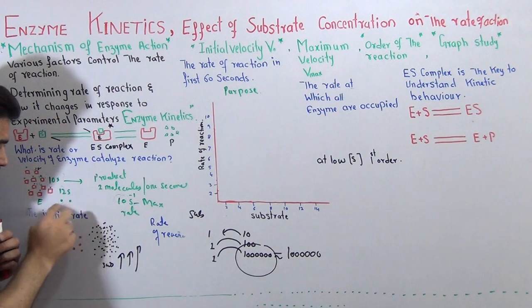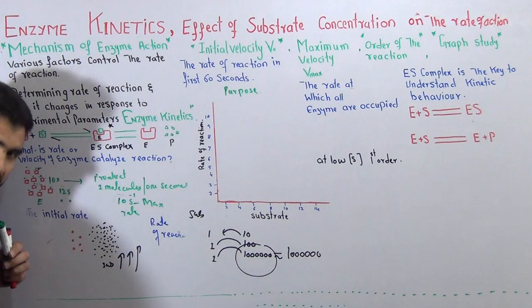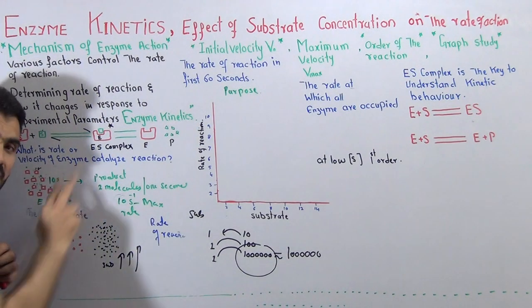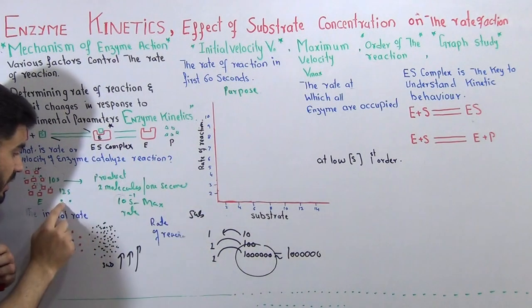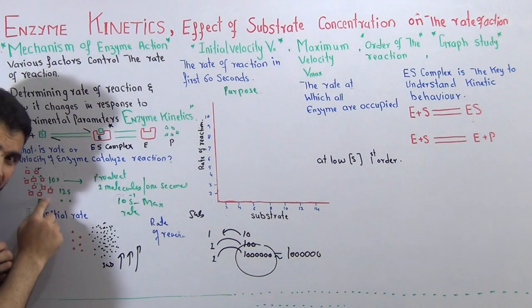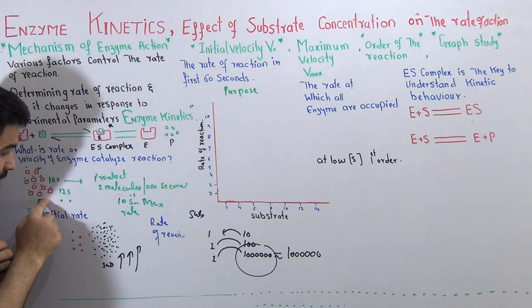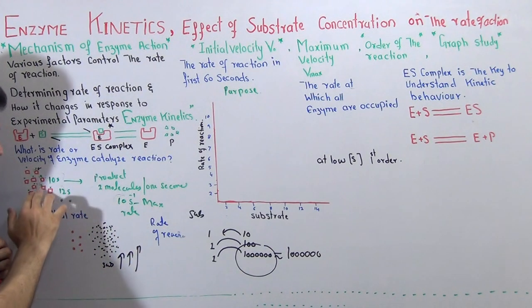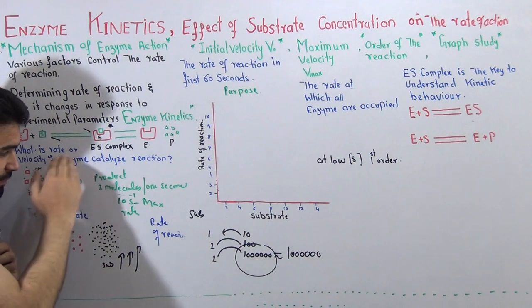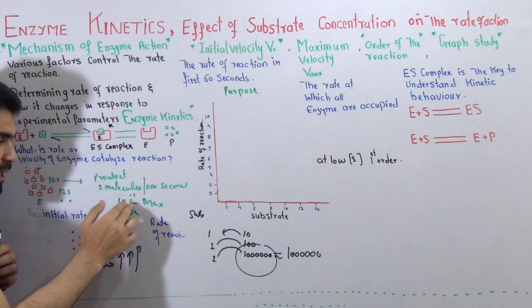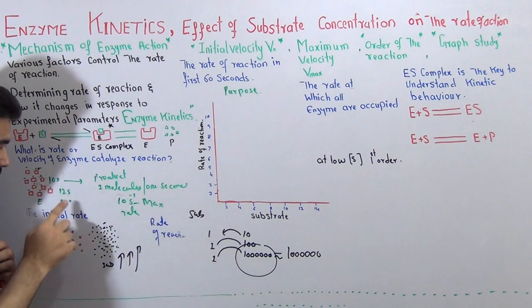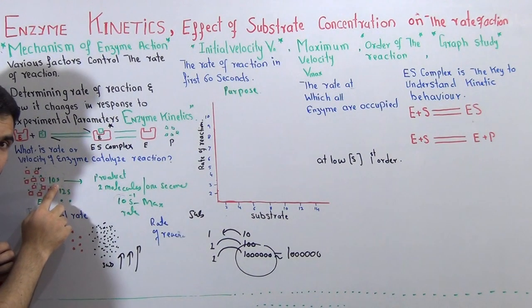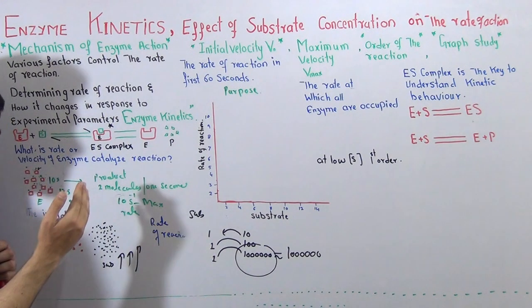What will happen to the remaining 2 substrate molecules? These will not be catalyzed until an enzyme finishes its job and is free to attach to them. So this time again the rate of reaction will be 10 molecules per second, although you had increased the substrate from 10 to 12.